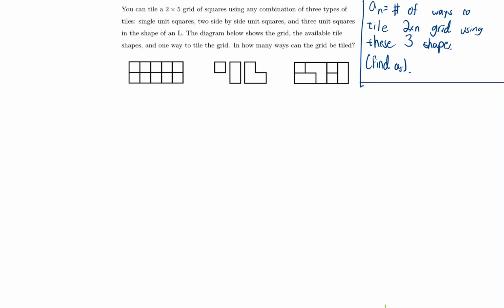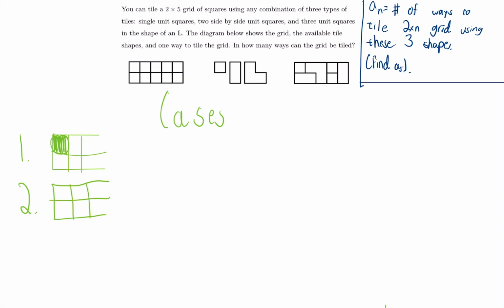Case 1 is if it's a single. We can look at this top corner right here. Case 1 is if there's a single unit square right there. Case 2 is if there's a 2x1 right there. Case 3 is if there's a 2x1 like that.